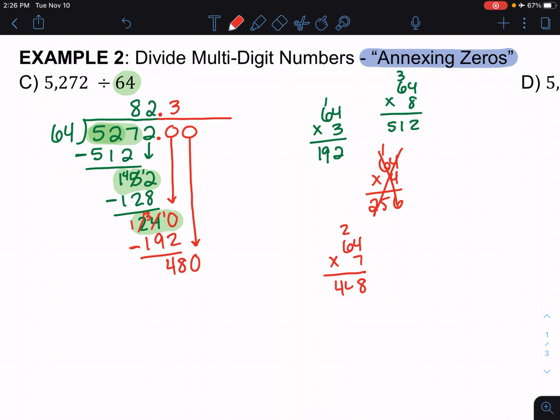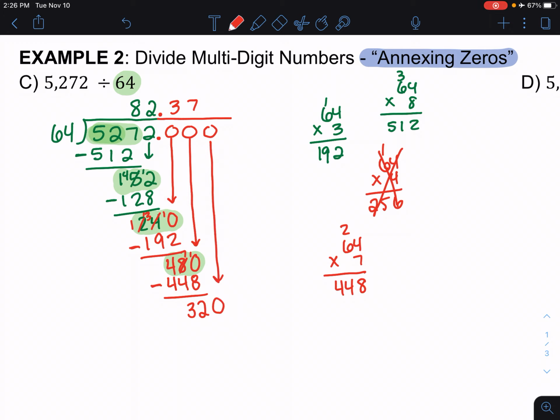Plus 2 is going to be 448. So that's as close as I'm going to get because 8 is too big. So 7. So 448. And I subtract. So again, I was looking at 480 here. So 10 minus 8 is 2, 7 minus 4 is 3, and I'm going to bring down one more 0.